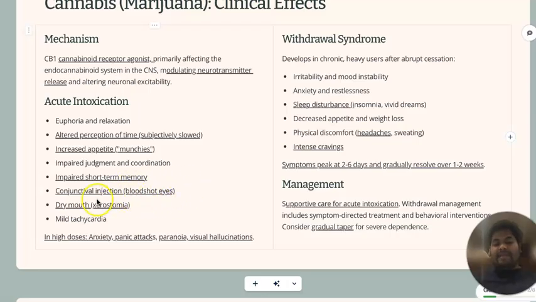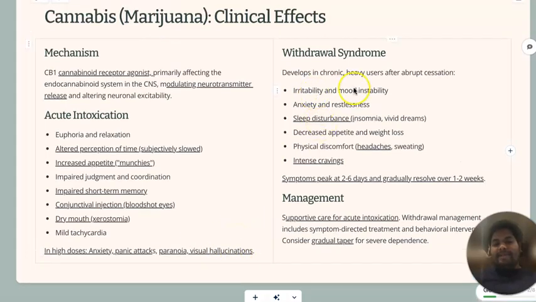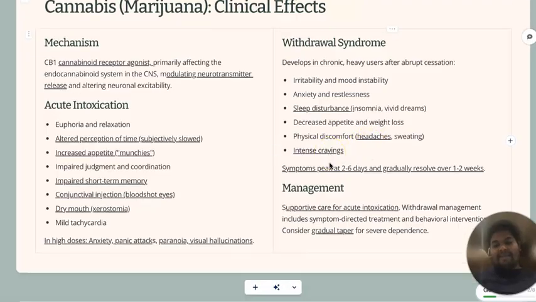So this is another important hint for diagnosing marijuana use, okay. And also dry mouth, because of that they take a lot of water, mild tachycardia, okay. And if he or she has taken a very high dose, may develop anxiety, panic attack, paranoia, or visual hallucinations as well.